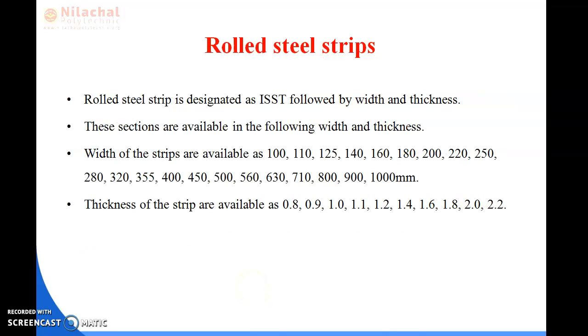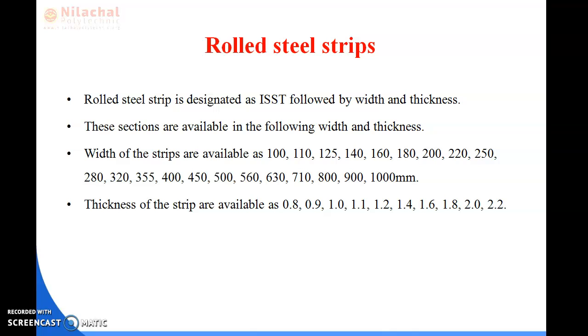The next is rolled steel strips. The rolled steel strips are designated as ISST, that means Indian Standard Strip Section, followed by width and thickness.